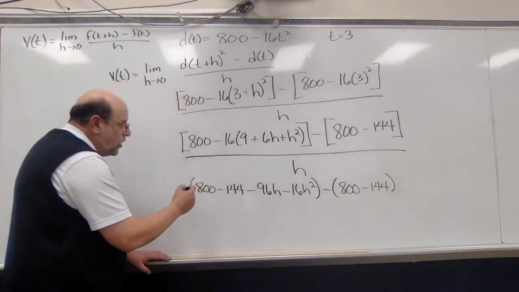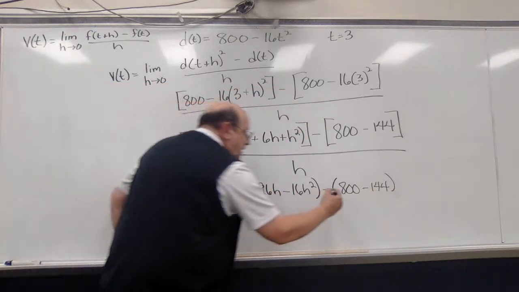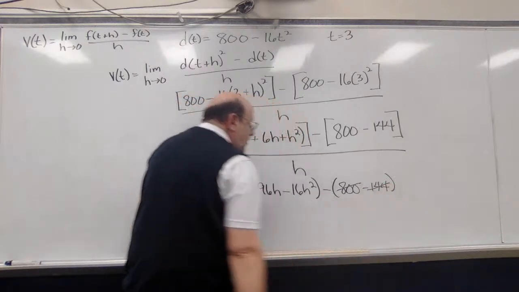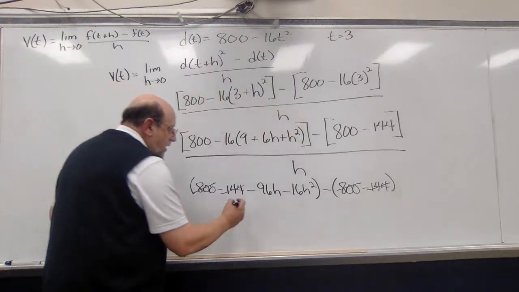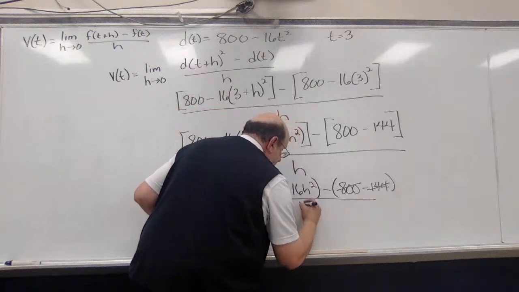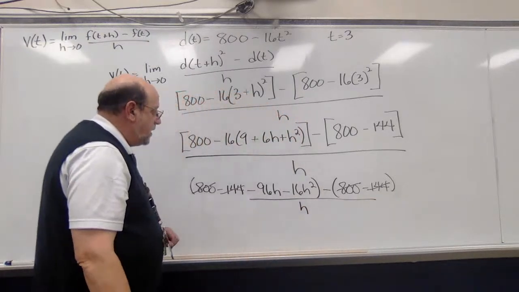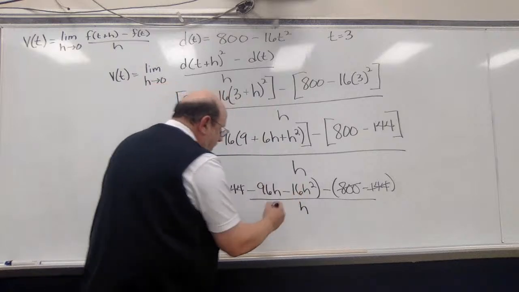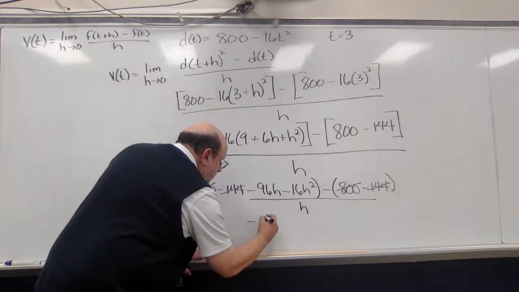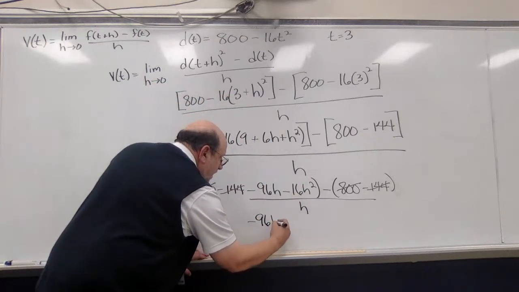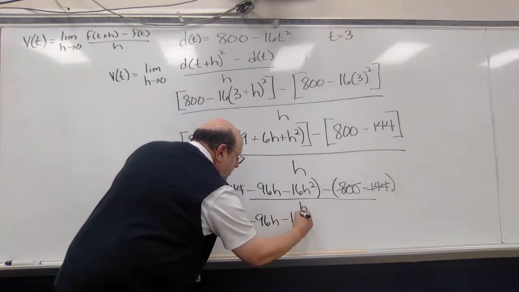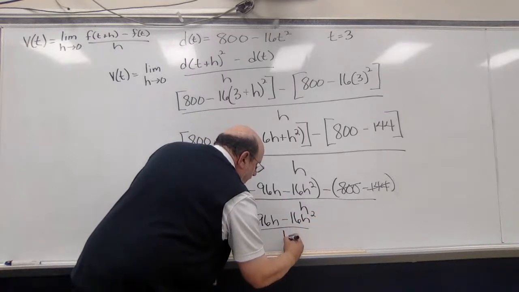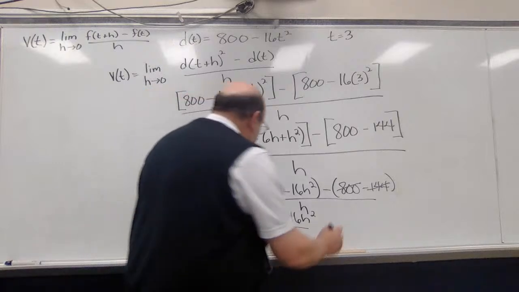The reason I left it like this is so you could see just what I did last time. I was able to cancel those values out. And so it's all over h, right? So what I'll do is rewrite this bit, which is negative 96h minus 16h squared, all over h.